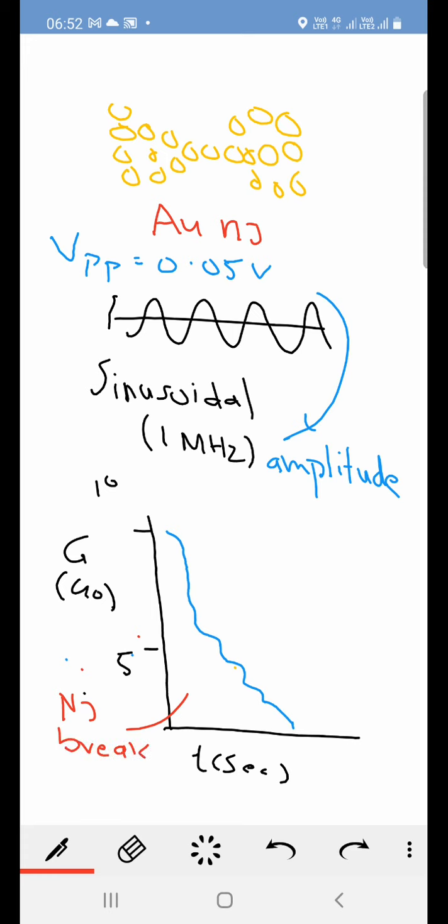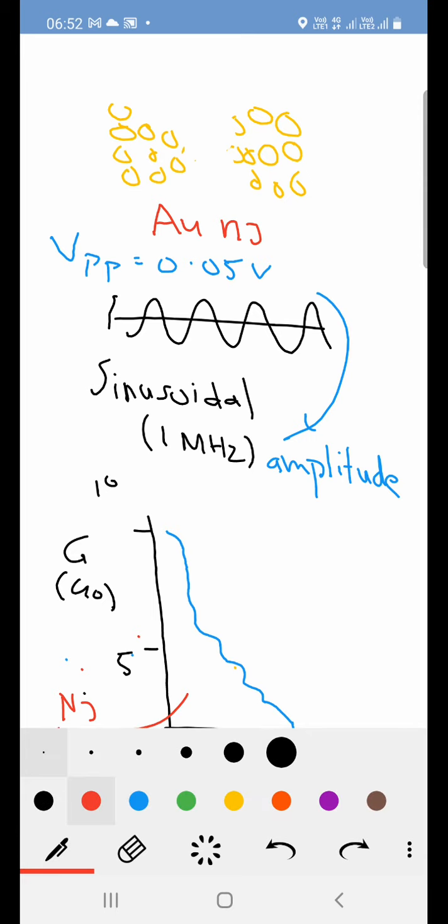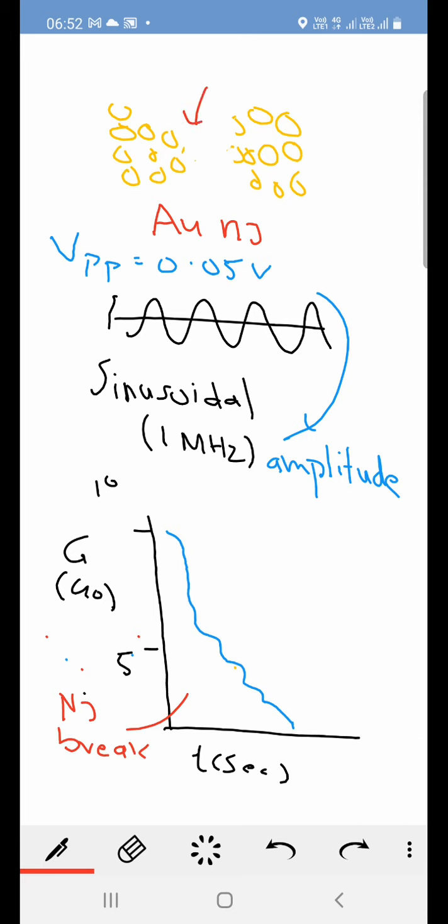It means this is what has taken place. Right, so there is a breaking down of this junction.